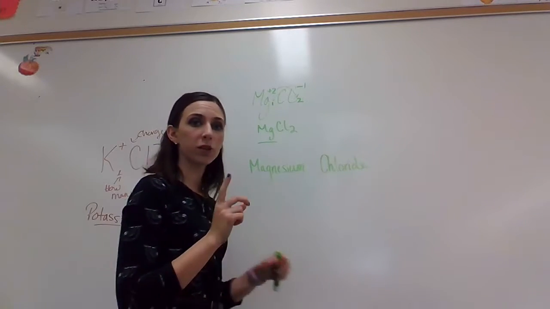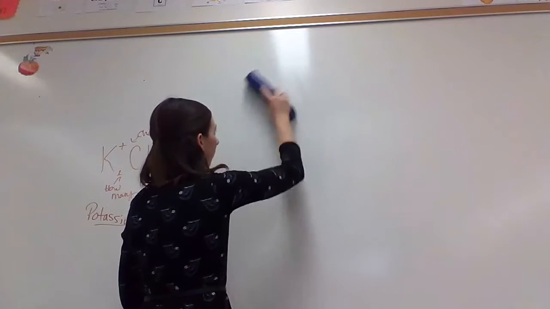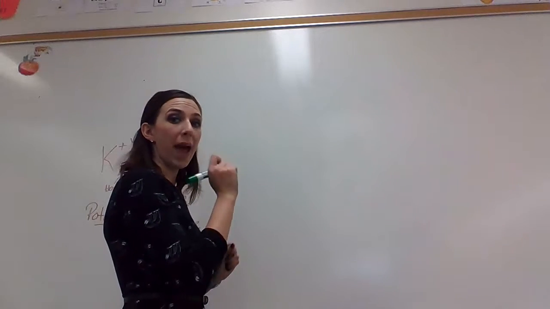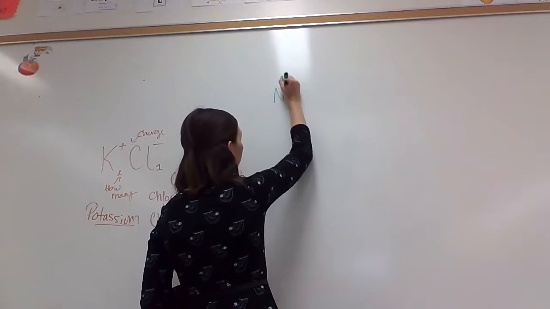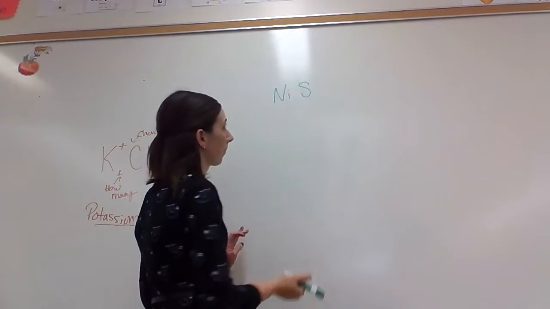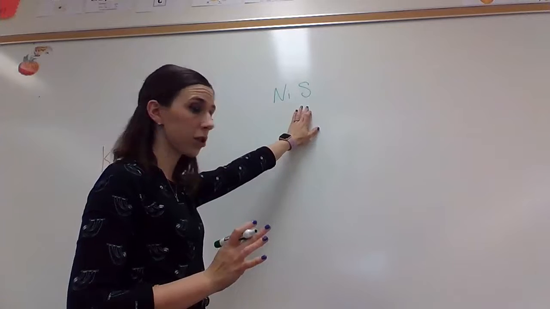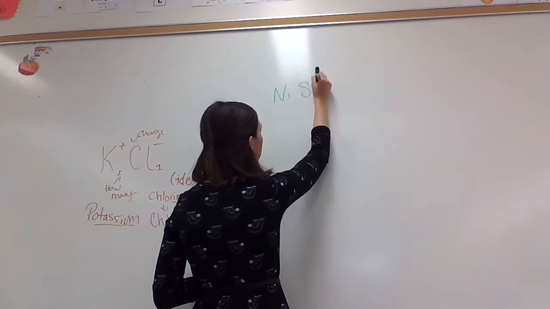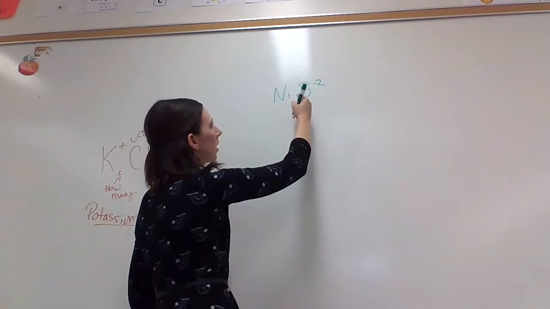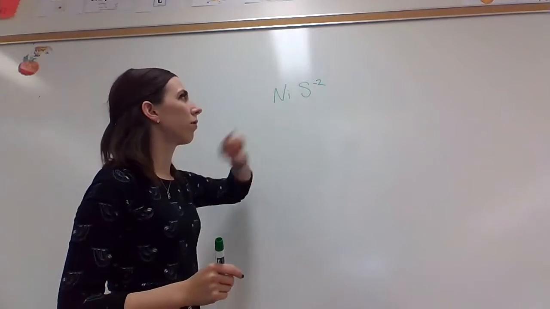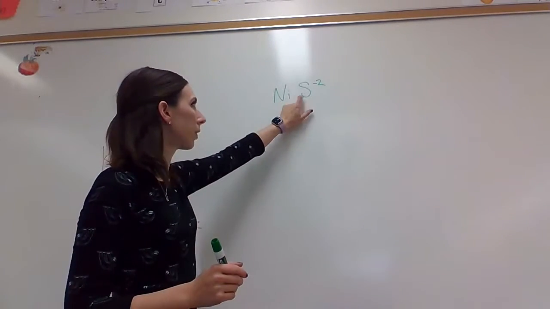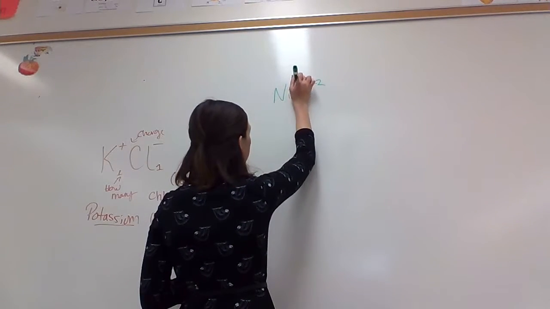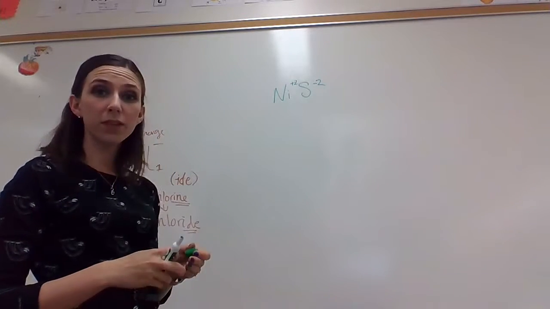Magnesium chloride. And we're going to try one more just with a transition metal. So Ni, which is nickel, S, nickel sulfide. So sulfur, we know sulfur's charge. Nickel we don't. Nickel could have one of 2 options. So for sulfur, it's a -2. If sulfur's -2 and this tells me nickel sulfide, there's no numbers on the bottom. There's no quantities that we need. So the charge on nickel, to balance out the -2, would have to be a +2. So what we have to do next is write out the name.